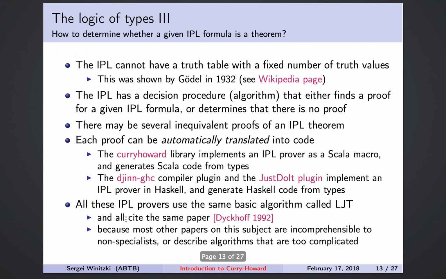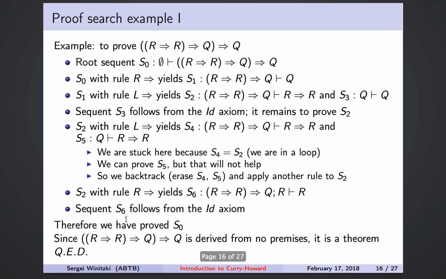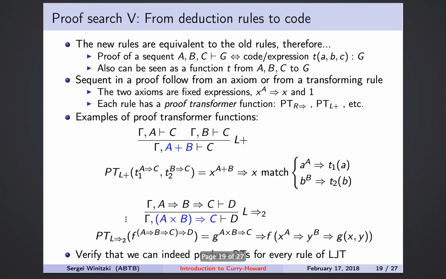So, in order to do this with new rules, in other words, in order to create code from proof using new rules, we need to show equivalence, or we need to show how to get code out of each of the new rules.